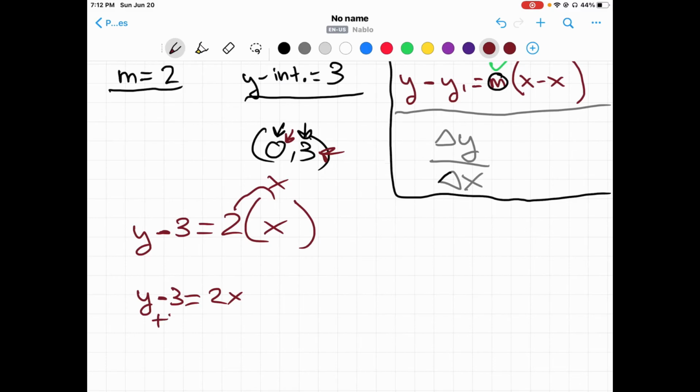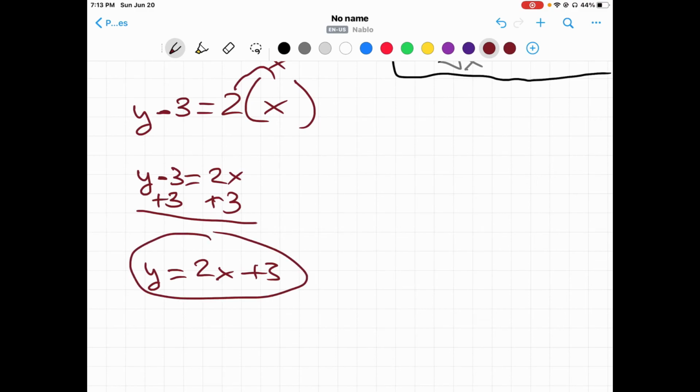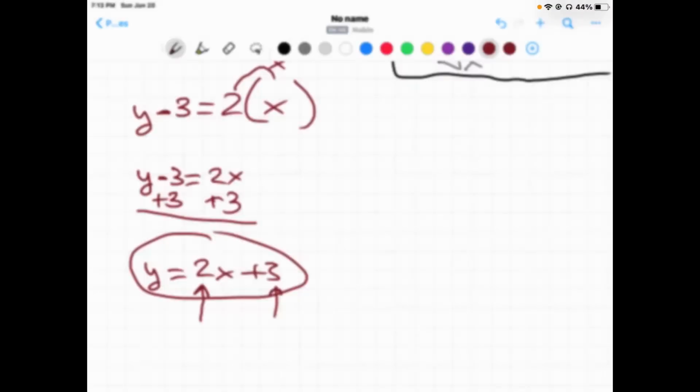We would add 3 to both sides to isolate the y, and we would end up with y equals 2x plus 3. And notice that this is the equation that has a slope of 2, and that has been translated 3 units up from the y value of 0, therefore having a y-intercept of 3.